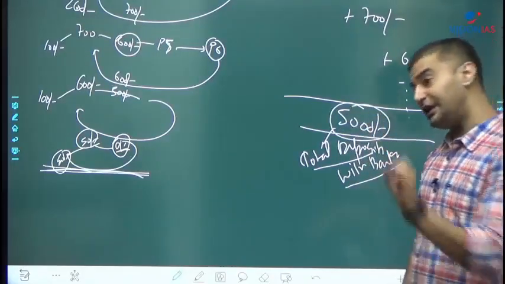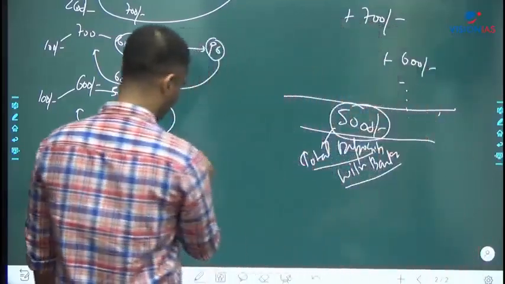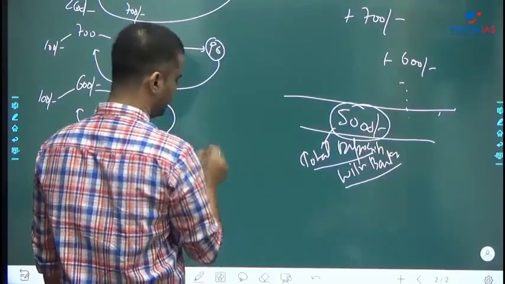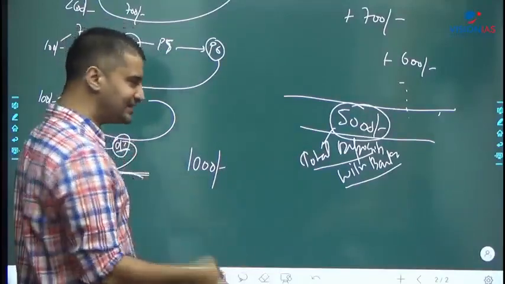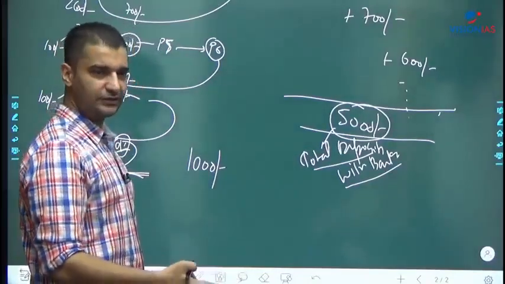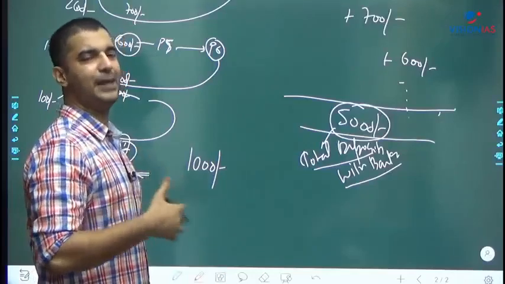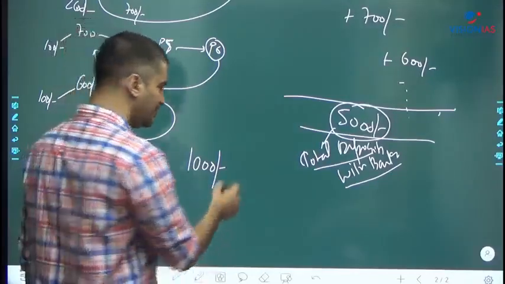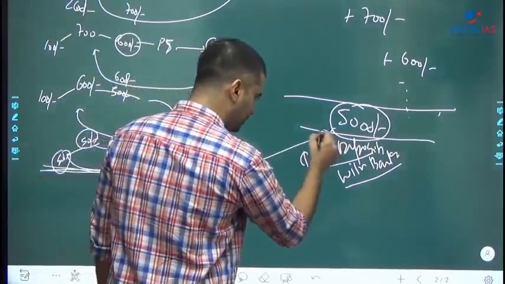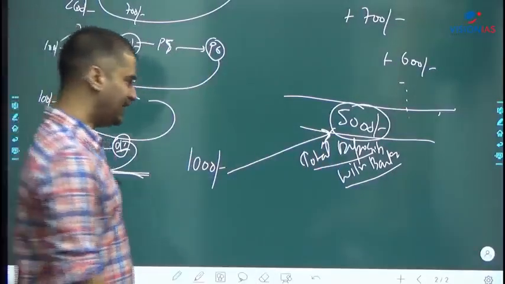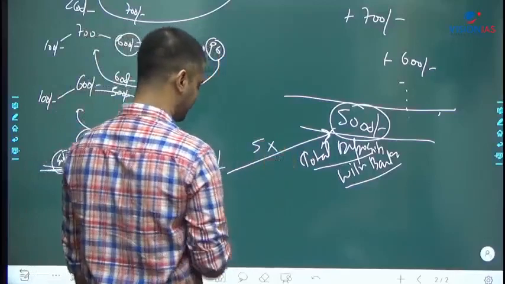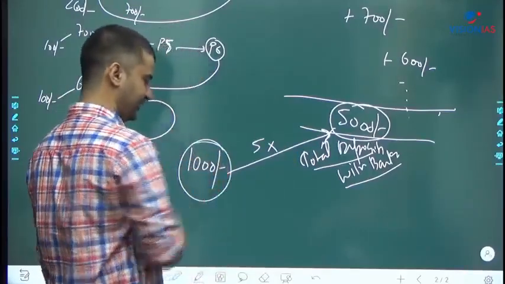How much was the initial amount of money in the economy? 1000. 1000 was the initial amount of money. And because of the process that the banking system has engaged itself in, the total money in the economy has become 5,000. That is 5x the initial amount of money.